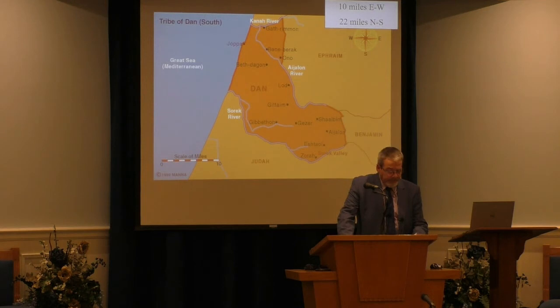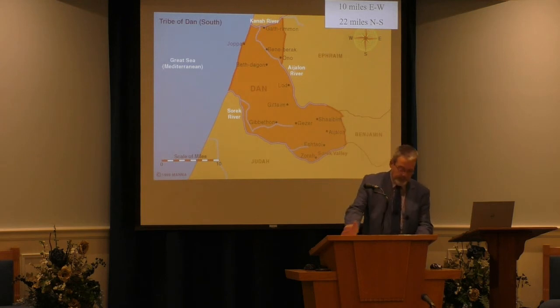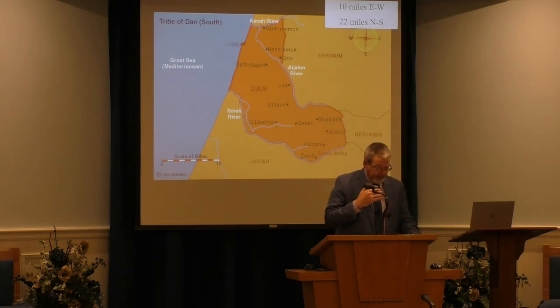Well, if you have marginal notes or just scan through your text, let's start just verse 27 for an example. Manasseh did not drive out the inhabitants of, and it starts listing the cities. Verse 29, Ephraim did not drive out the Canaanites. Zebulun did not drive out the people, nor did Asher, and nor did Naphtali.